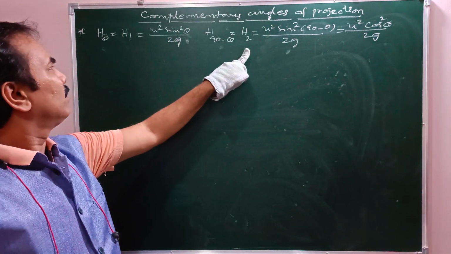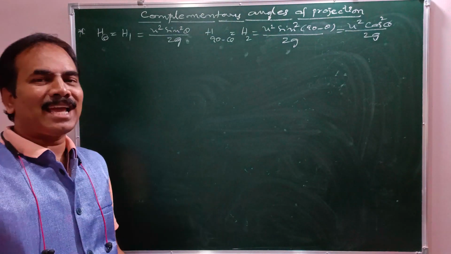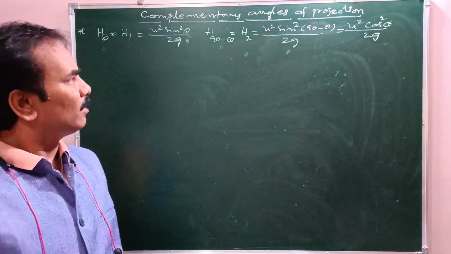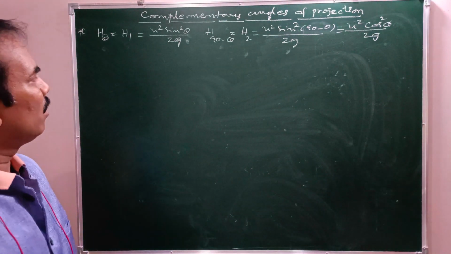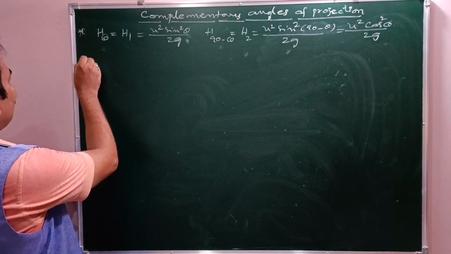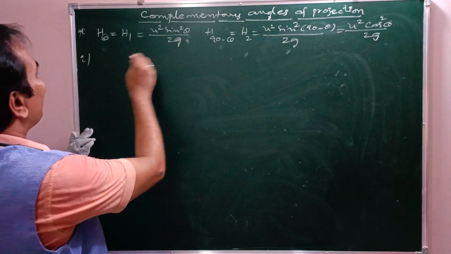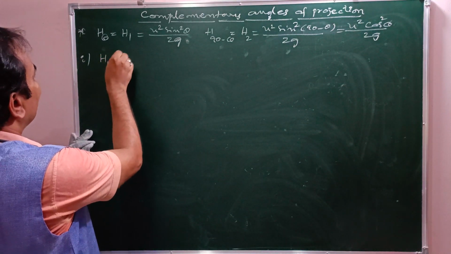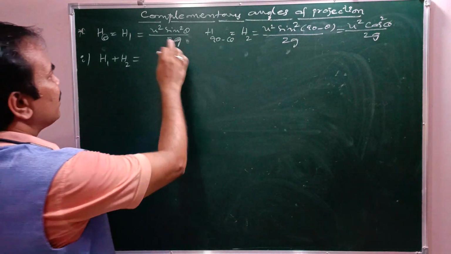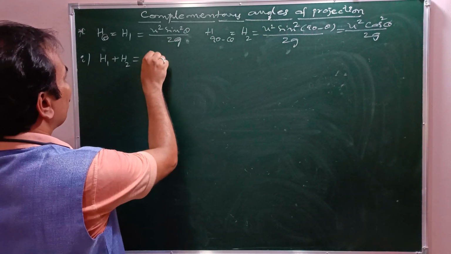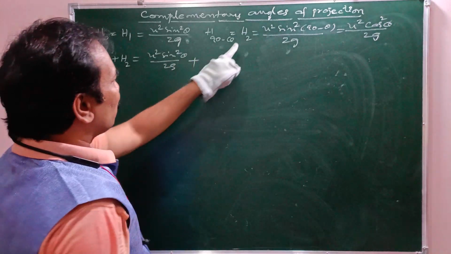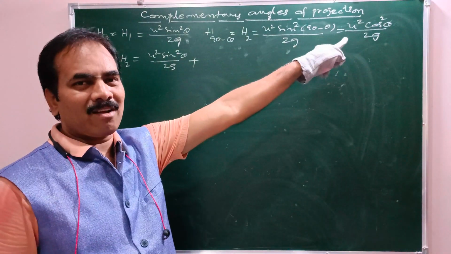The body rises through h1 and h2 for complementary angles of projection theta and 90 minus theta at a given place for a given speed of projection. Now, how are h1 and h2 related? First point, the sum of these two heights, h1 plus h2, that is h at theta plus h at 90 minus theta. That is u square sin square theta by 2g plus u square cos square theta by 2g.